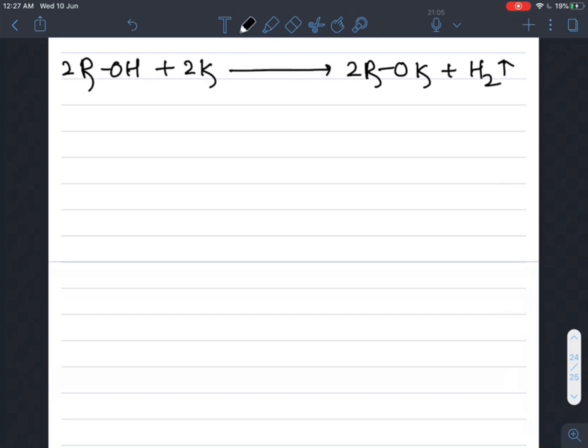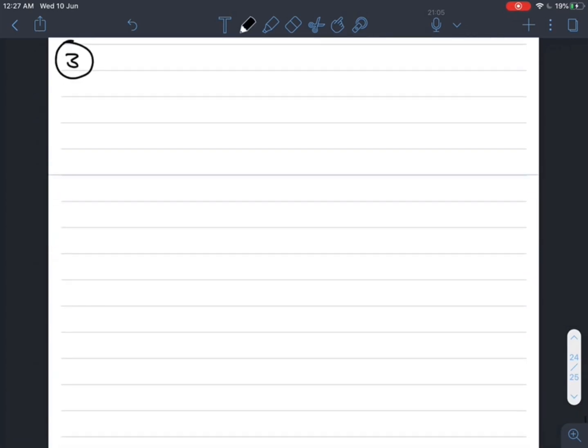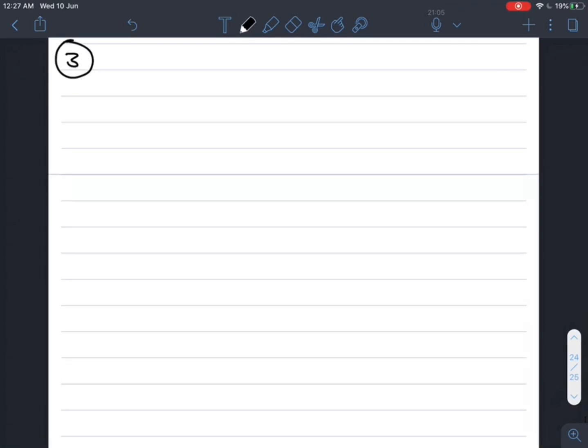Now the third test for the detection of alcohols and phenols in the laboratory is the characteristic reaction or test for phenol.